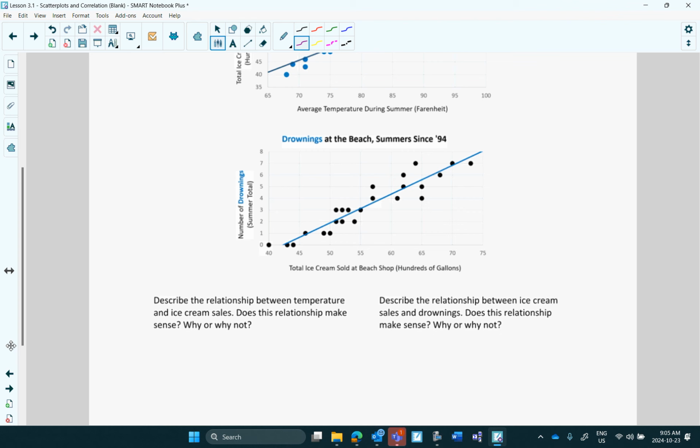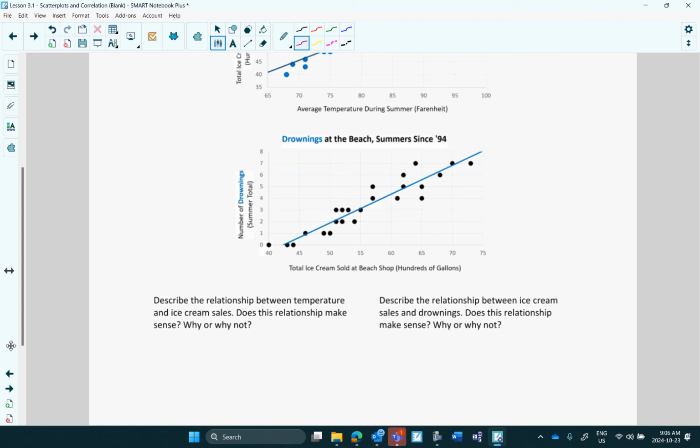Okay. Could there be something other that increases the number of drownings? Could be some other variable? What? The what? So the more people there are, the more people that are unlikely to swim, therefore increasing the number of drownings.